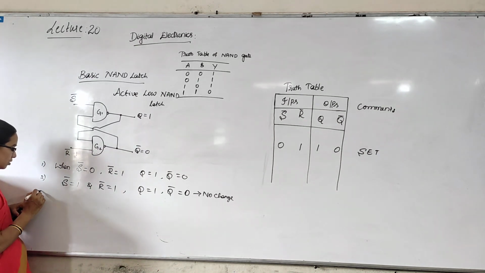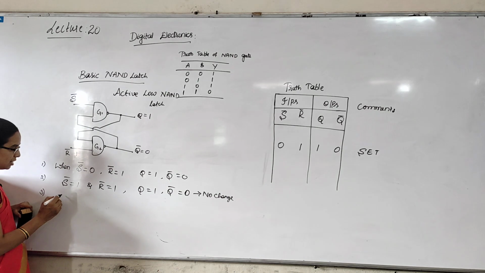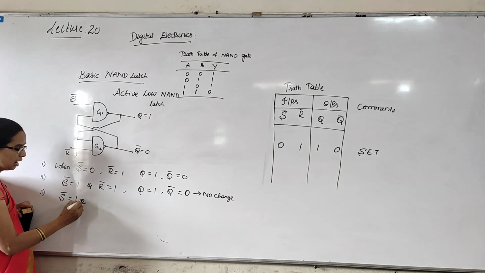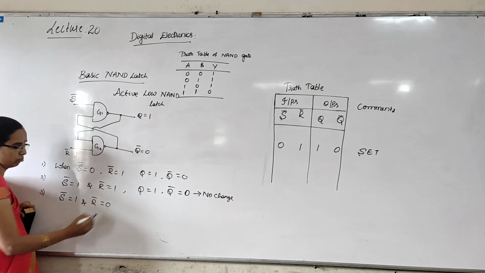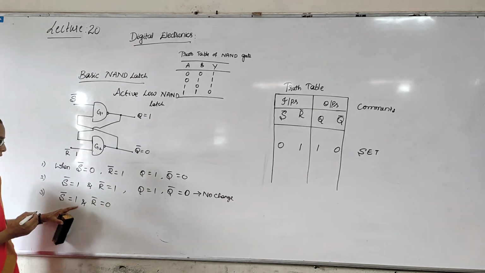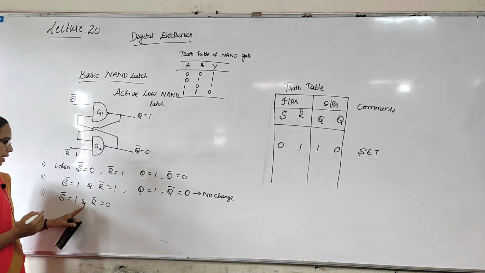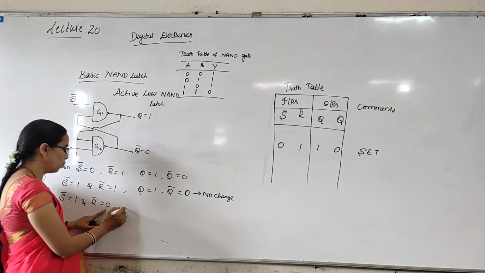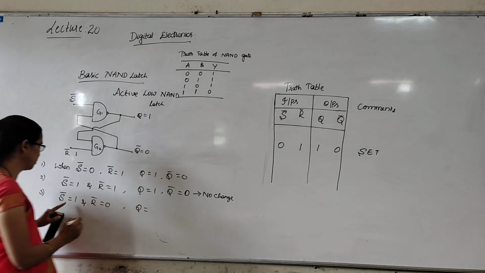Okay. So in the third case I will retain S bar as 1 only and R bar I will make 0. S bar 1 only and R bar I will make 0. What happens to the Q status?